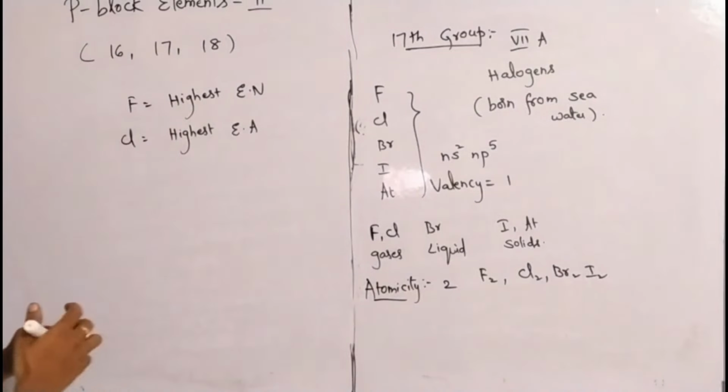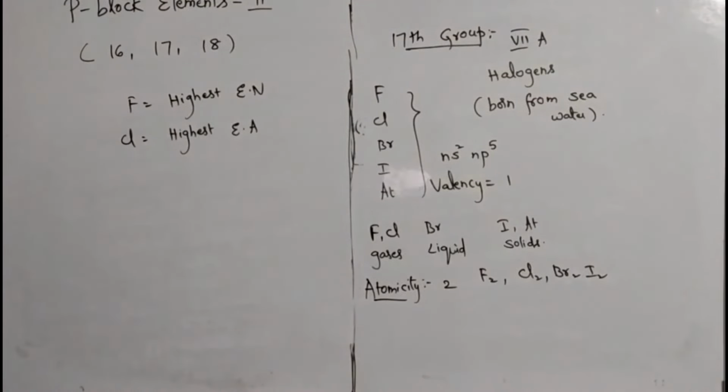Please remember that. So you find the highest electron affinity and highest electronegativity elements in 7A group.